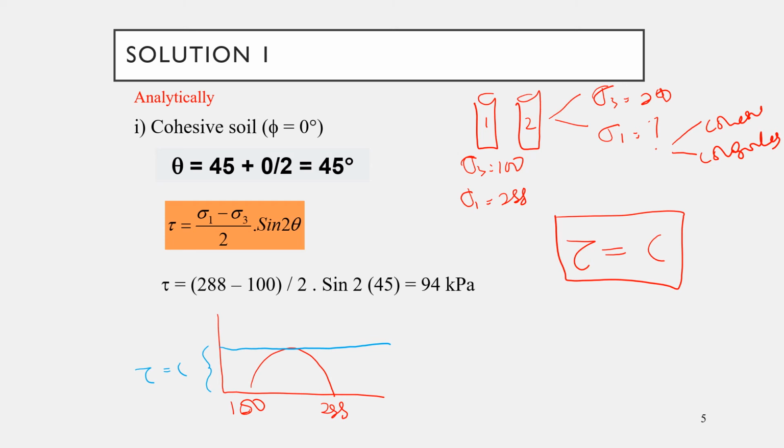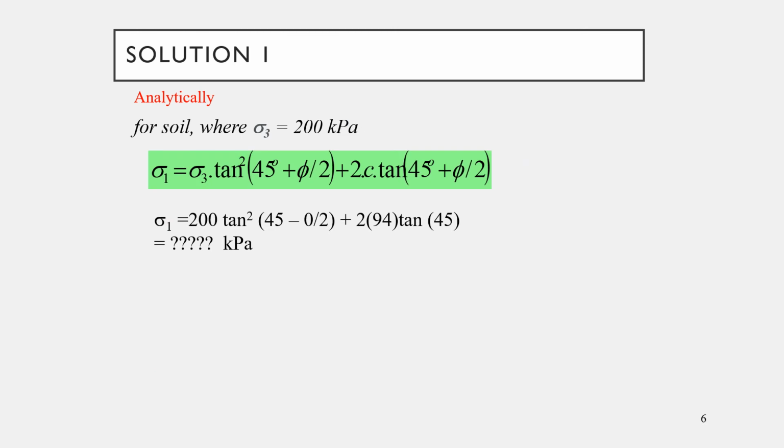To calculate sigma 1 for the second sample, where sigma 3 is 200 kPa, we know that they will share the same failure criteria, in that the failure strength parameters are similar, and the C values are similar.